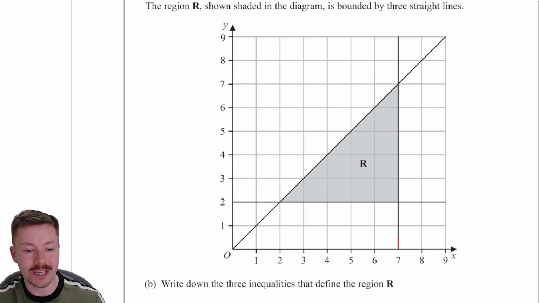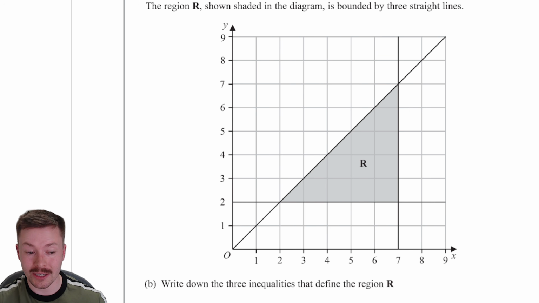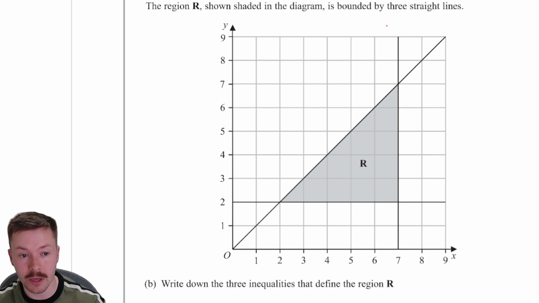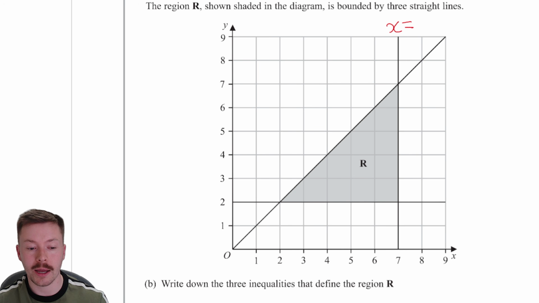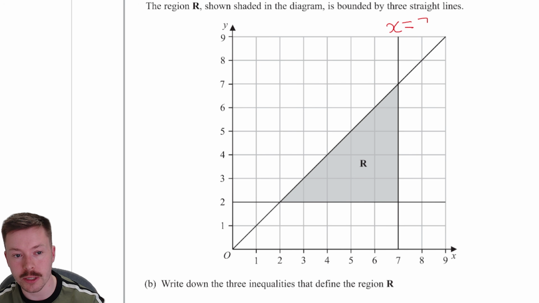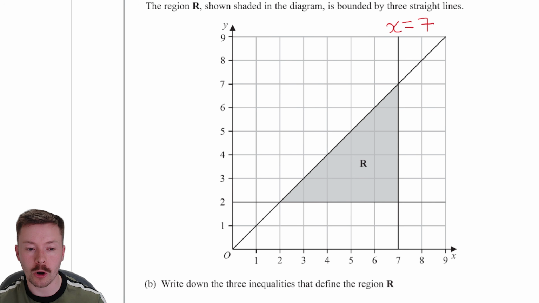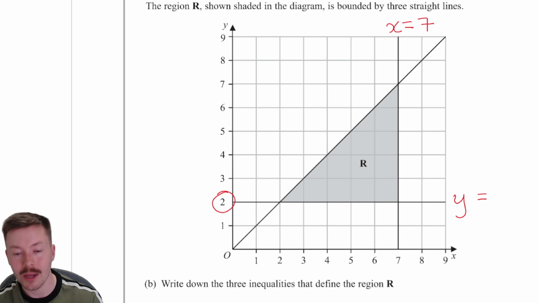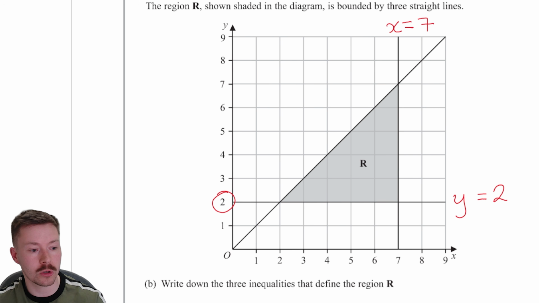Now, because it is cutting through the x-axis, it's going to be x equals, and because it goes through at 7, it's going to be x is equal to 7. Now, the horizontal line going through the y-axis at 2 here, okay, is going to be, because it's going through the y-axis, y equals, and because it cuts through at 2, it's going to be y is equal to 2.